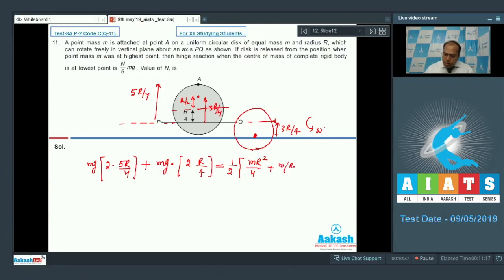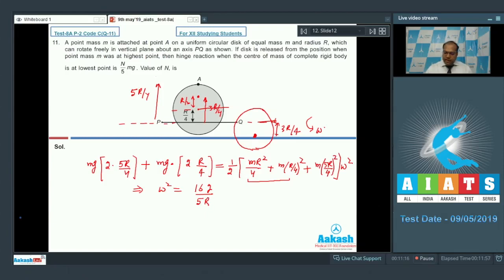So m into r by 4 whole square, this is of the disk about this given axis, plus the moment of inertia of the point mass about this axis can be written as m into 5r by 4 whole square, into omega square. So if I solve this, the value of omega square comes out to be 16g by 5r.